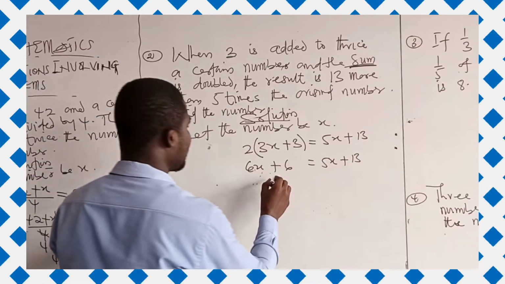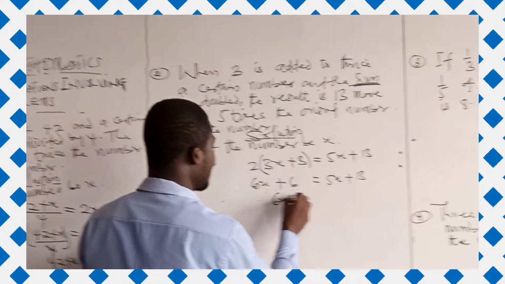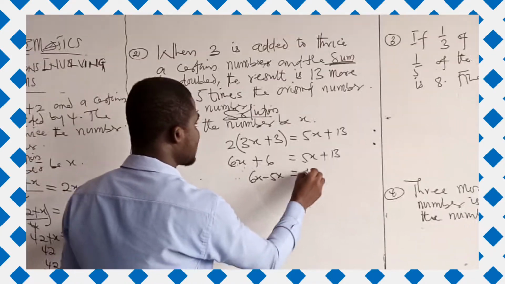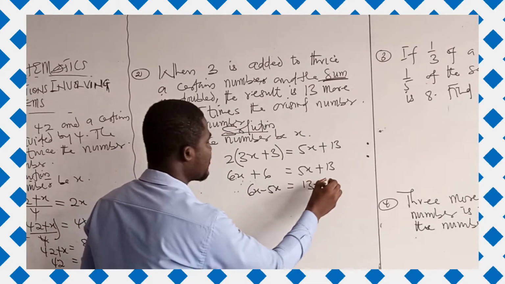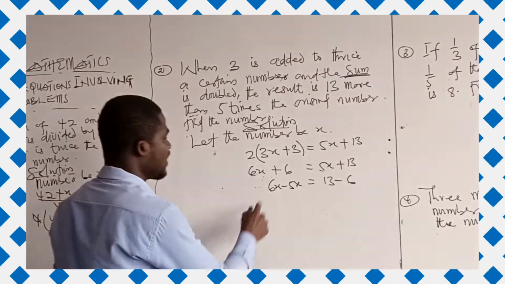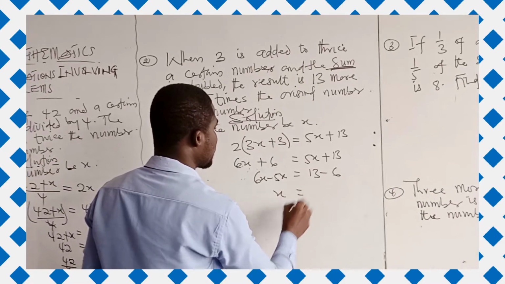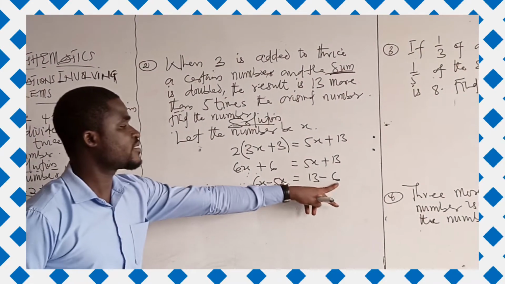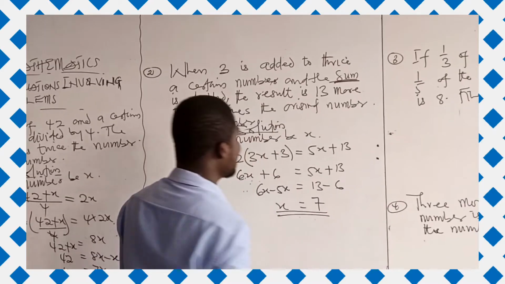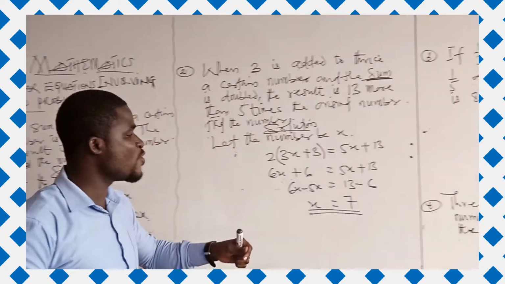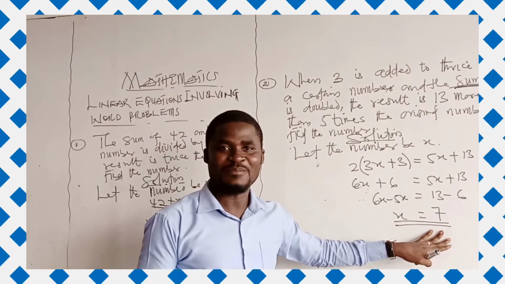So we are going to have 4X, minus 5X, equals 13, and the 6 is positive, so when it crosses, we are going to have negative 6. So the original number we are talking about is 7. And you are getting the methods.